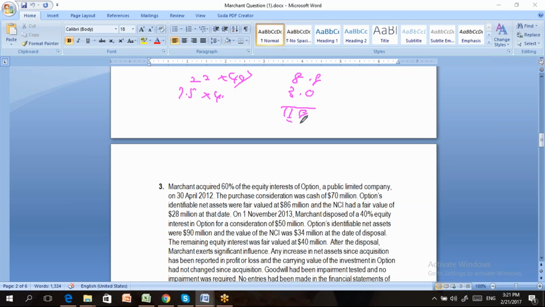The moment you do the defined benefit plan, go and do it in the other comprehensive income. Like that, you might not be able to balance it 100%, but surely you will get closer to the answer, and the examiner will see all the workings because you're going to attach them, and he will give you marks.